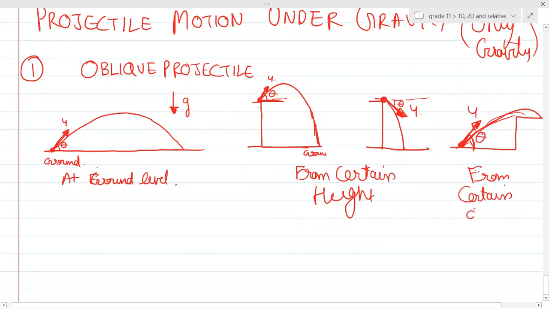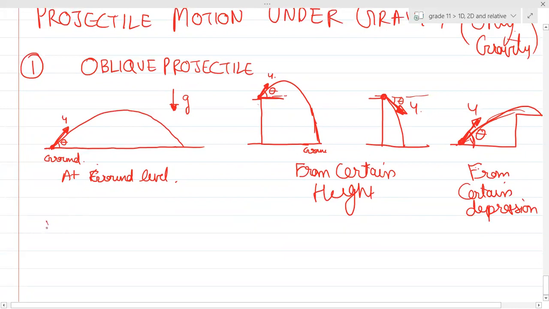Right or wrong, guys? So whenever an object is thrown at a certain angle, can you see this velocity at a certain angle with the horizontal?